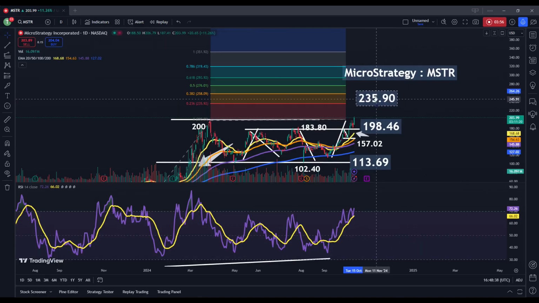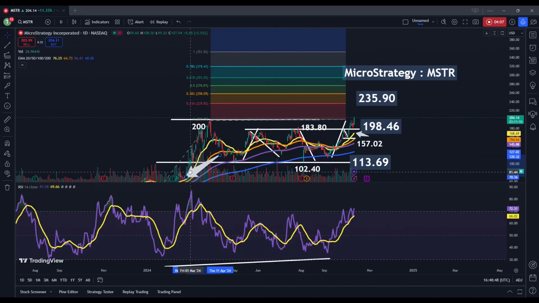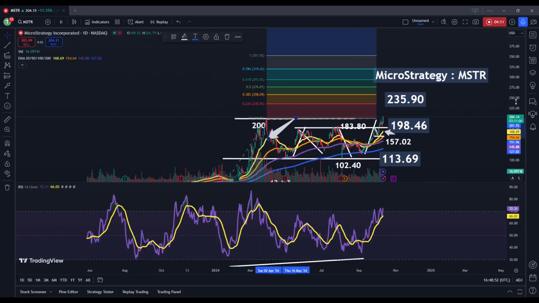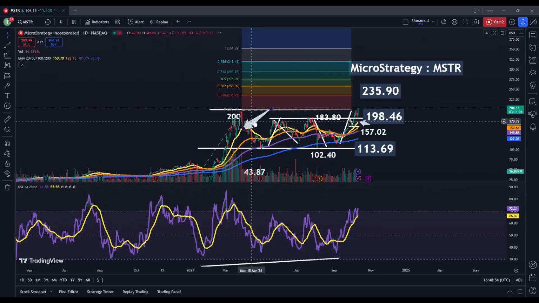This could wind up working as an initial resistance zone because this would mark the 23.6% Fibonacci extension of that price move from roughly $45 to $200 per share, which was the stock's prior all-time high. So this is a fairly significant price movement. If we plot this out into the future, this would give us an initial upside resistance target of roughly 235.90.